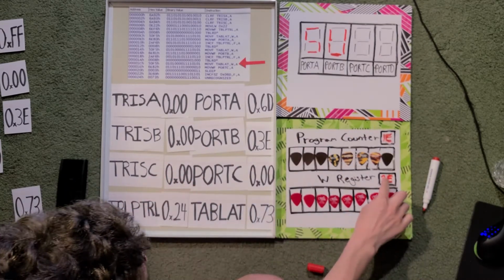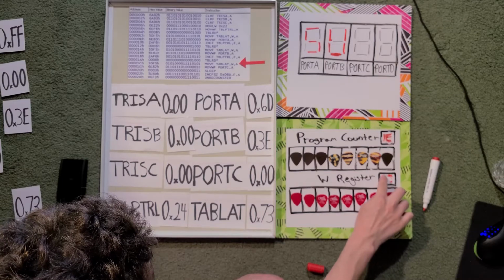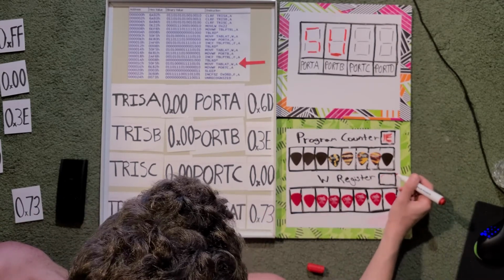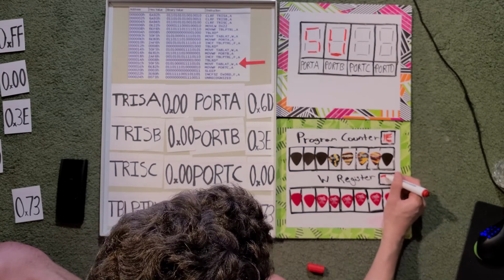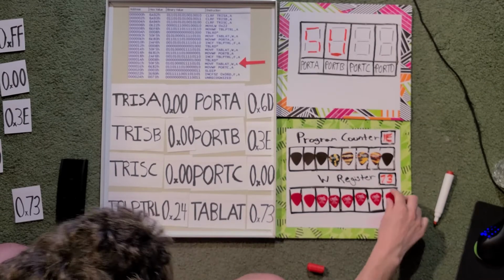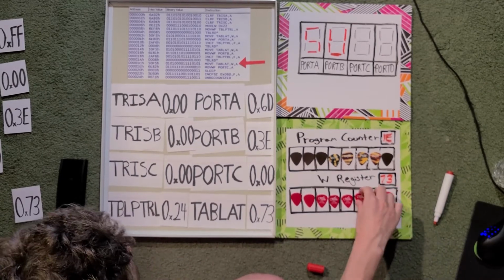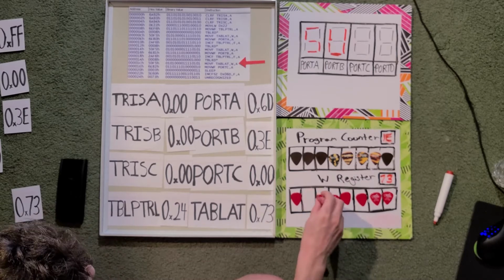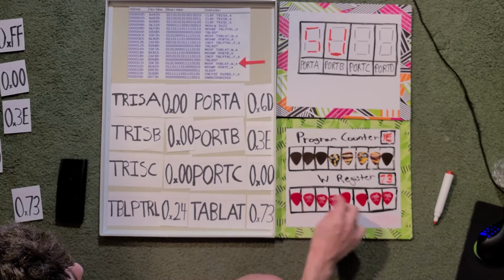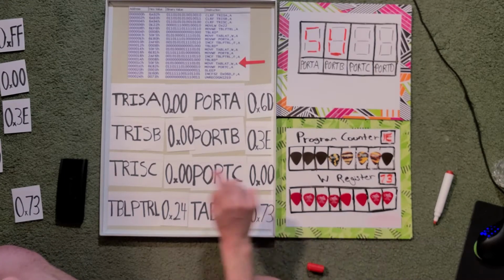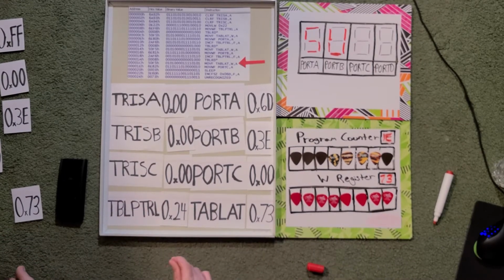And we're going to be moving 73 to the W register, copying what's in TABLAT to here. This is 0 1 1 1 0 0 1 1. All right, now we got our value 73 in there, and our program counter increased.